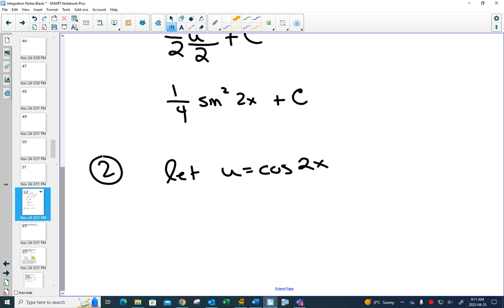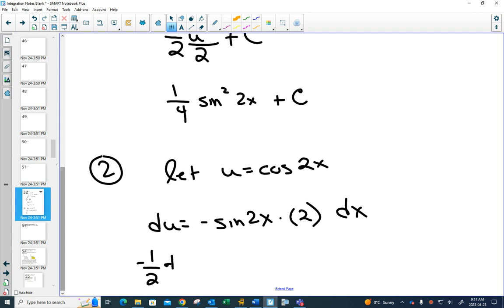If we let u equal the cos 2x, then the derivative would be negative sine 2x with a chain rule times 2, and so this time, when we rearrange, we would need to get the sine 2x by itself.